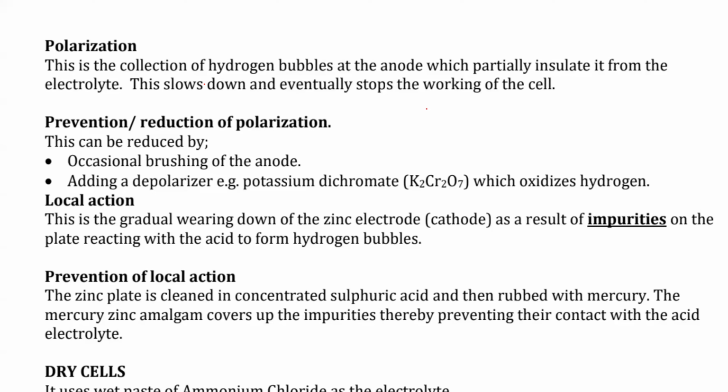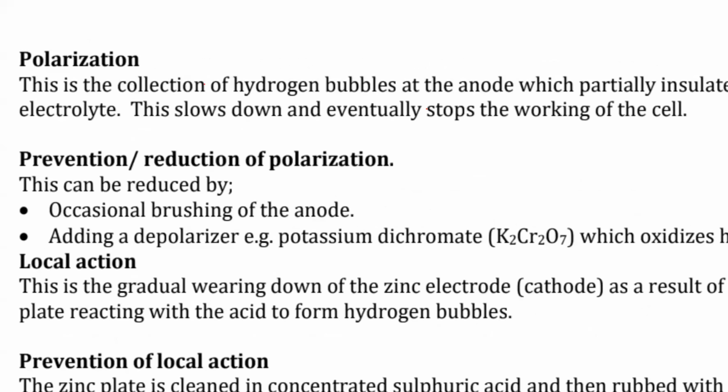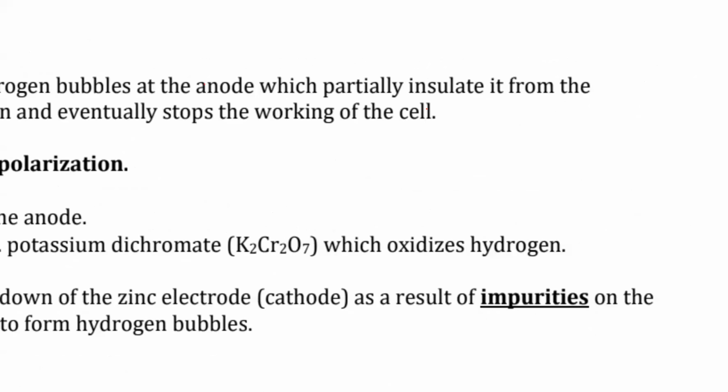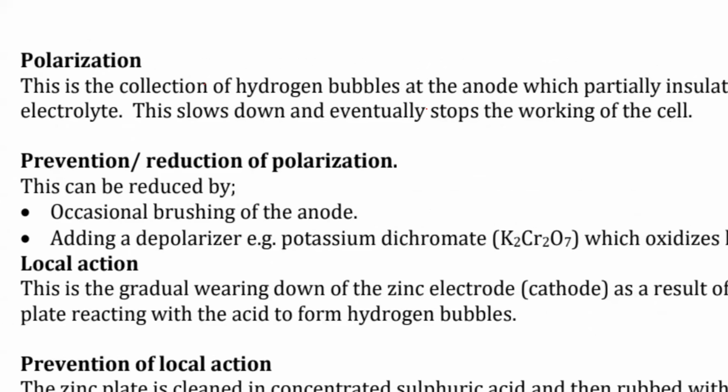Depolarizing means something that can make that hydrogen become water, like potassium dichromate. So you occasionally brush, or you add a depolarizer. The definition for polarization is still on screen: collection of hydrogen bubbles at the anode, which partially insulates it from the electrolyte.